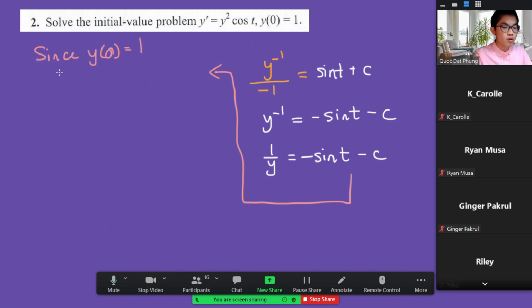So we get 1 over y is equal to minus sine 0 minus c. Since the value of y is 1, this would just be 1 divided by 1, which is just 1. So we get 1 is equal to 0 minus c, then 1 is equal to minus c, then c is equal to minus 1.